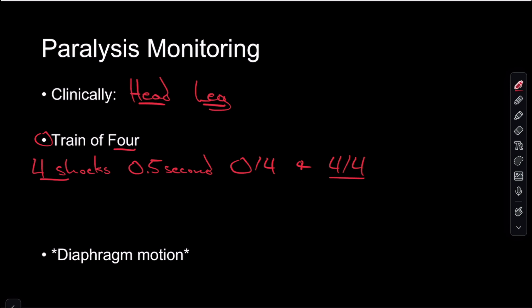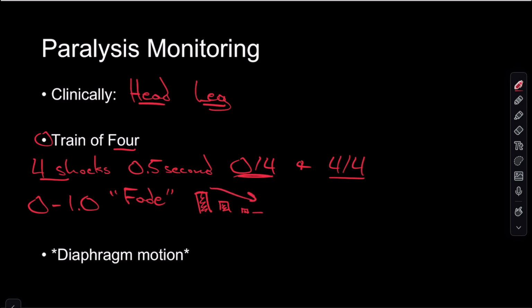If you have one of the quantitative monitors, then that can report a value between 0 to 1.0. And that's going to be grading the total number of spasms or twitches in response to each shock, along with an idea called fade. What fade means is it delivers 4 shocks, and the first one you get a pretty significant response, and then the second one you get a smaller response, and then the third one you get very small, and then the next one you don't get any.